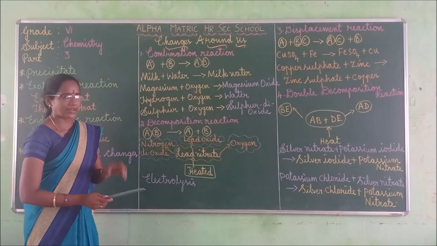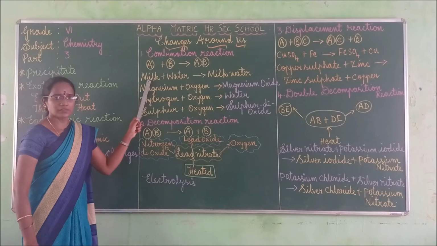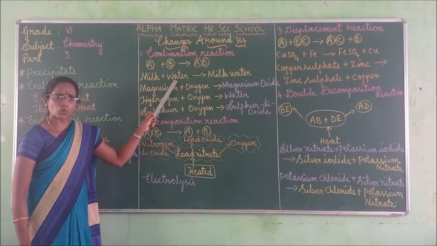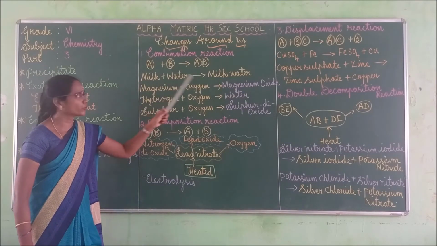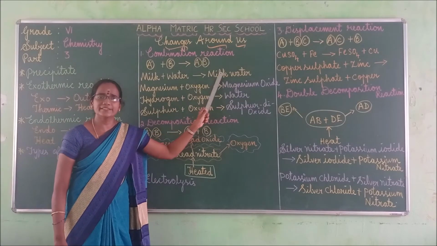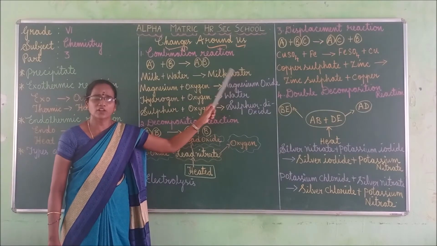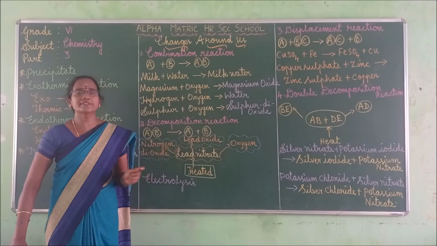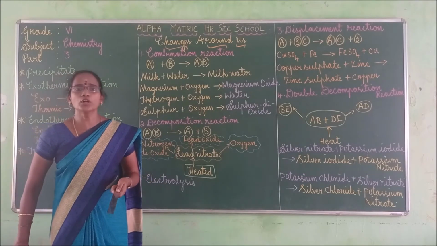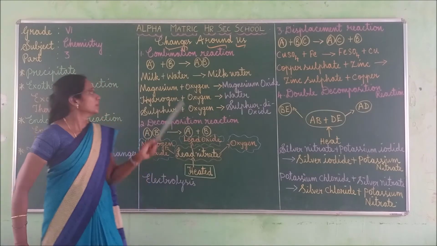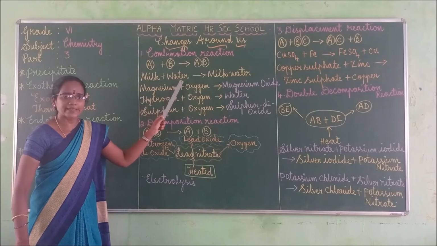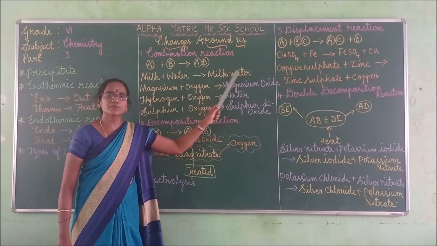product. For example, milk, when it reacts with water, both combine to form milk water. It is nothing but a compound, isn't it? Compound means what? A compound is composed of 2 or more separate elements, isn't it? So milk, when it reacts with water, forms milk water.